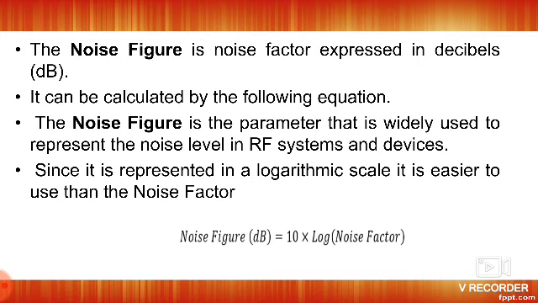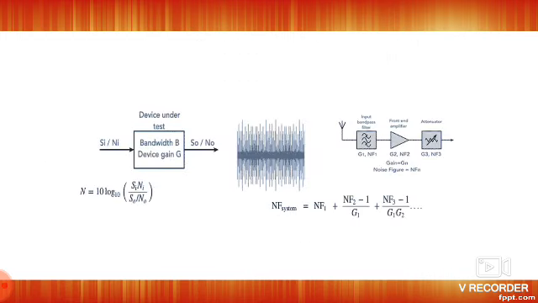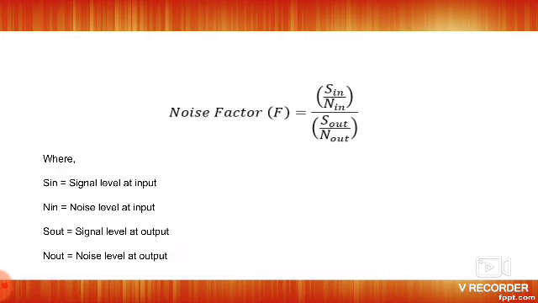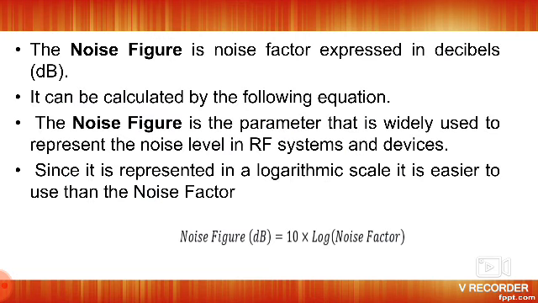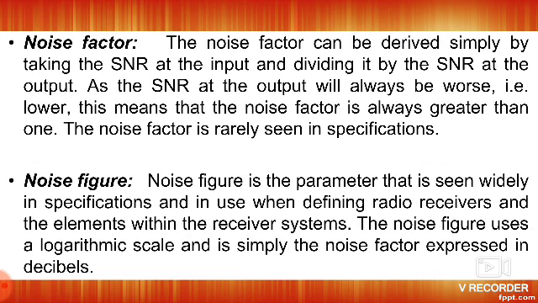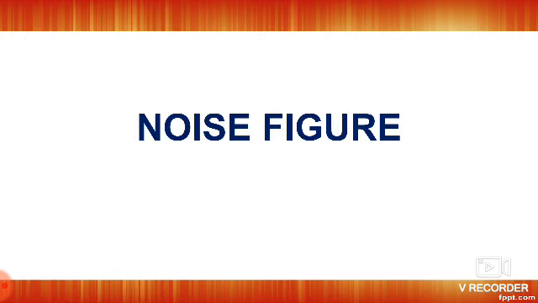The noise factor is calculated as F, and the noise figure, which is calculated in dB, is 10 log of the noise factor. So noise factor is simply the ratio between input signal to noise power and output signal to noise power, and noise figure is 10 log of the noise factor.